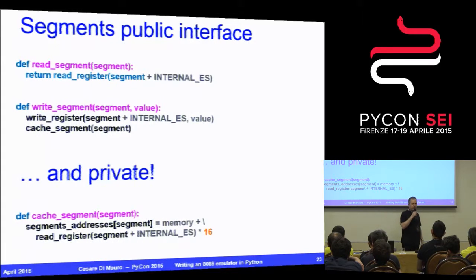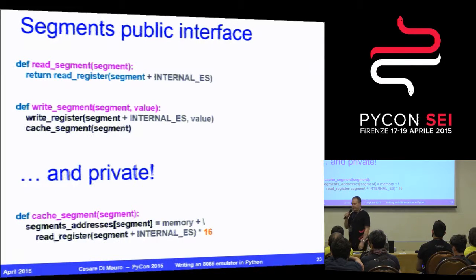For segments, I also provide some public APIs, to be called by the host OS. Read segment just reads the value of the segment, while writing the segment is different, because I write the value of the segment, but I also need to do some extra operation. Like we have seen in the previous slide, when accessing memory, I need to multiply by 16, shifting, and then add the offset.